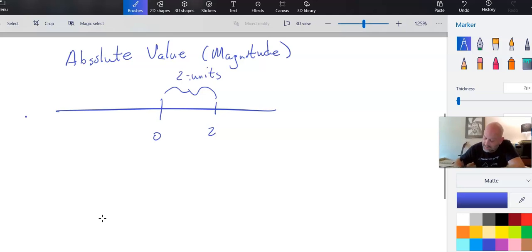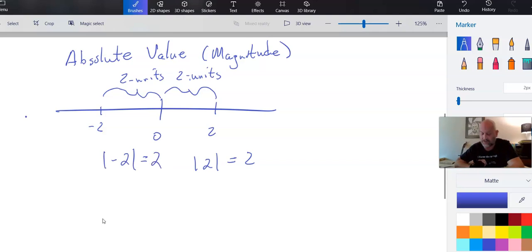So the absolute value of 2 is equal to 2, because it's 2 units. If I go to the other side, to negative 2, how far is that from 0? It's also 2 units. So the absolute value of negative 2 is also 2.